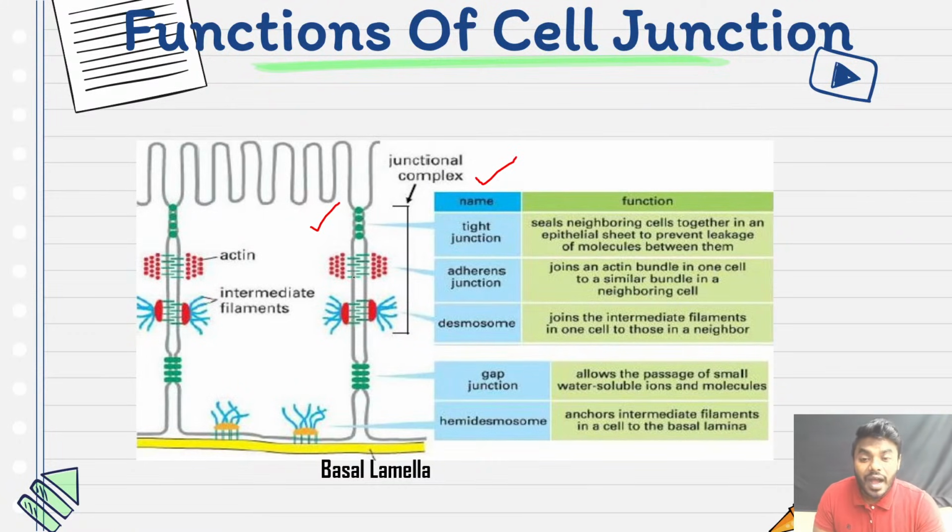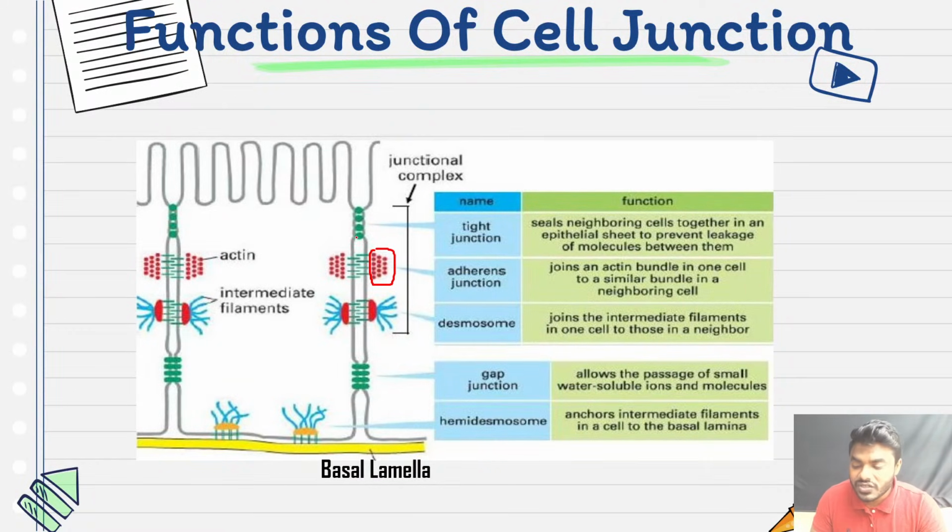Next one, friends, the adherens junction. The name itself indicates adherence, attachment. Just listen to my statements very carefully. Here you are able to see the red and green colored ones. These are all adherens junctions. What is the simple function of the adherens junction? Focus. You are able to see this red colored bundle. This is called an actin bundle.